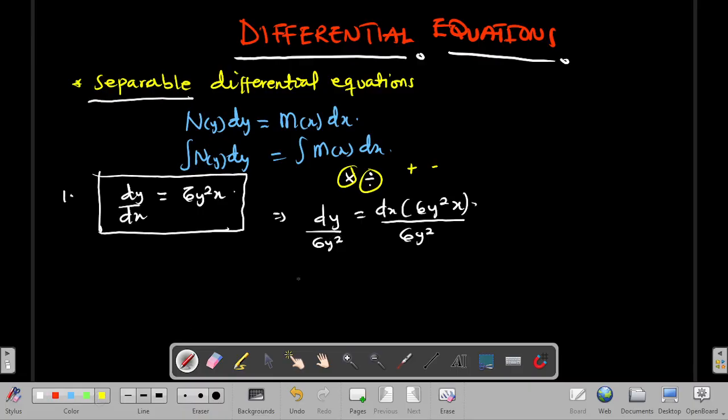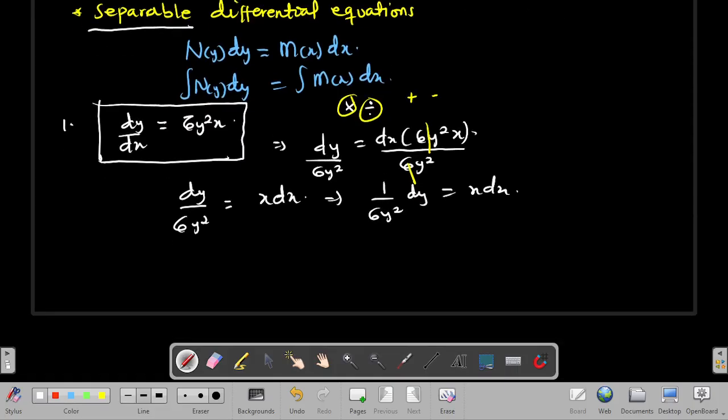This simply eliminates 6y squared here. Then I'm going to be left with dy over 6y squared is equal to x dx. Is that not it? So we can say that 1 over 6y squared dy is equal to x dx. Now we have successfully separated our differential equation.